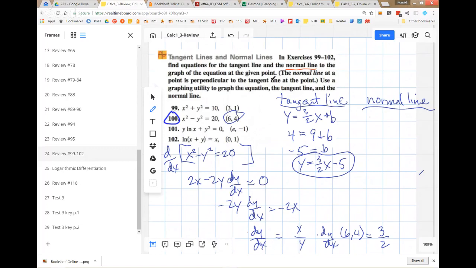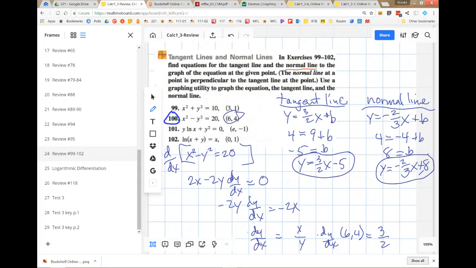The negative reciprocal slope. So that one is negative 2/3 x plus b. And now plug in your point (6, 4) again. 3 cancels into 6 2 times. Negative 2 times 2 is negative 4. And b equals 8. So the normal line is y equals negative 2/3 x plus 8.